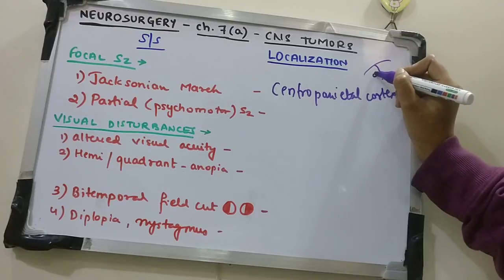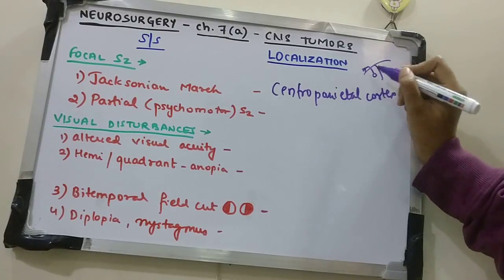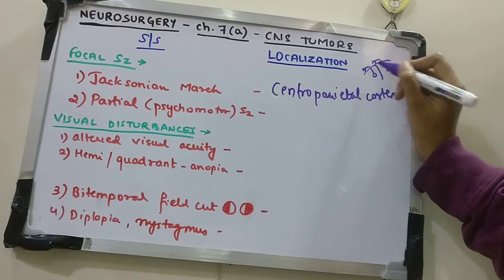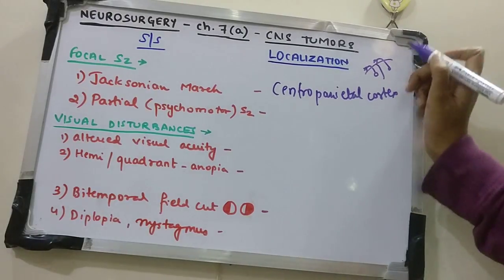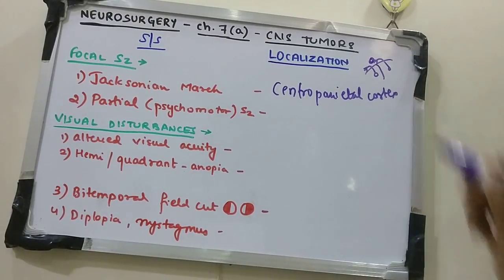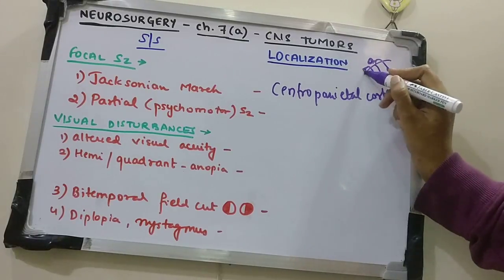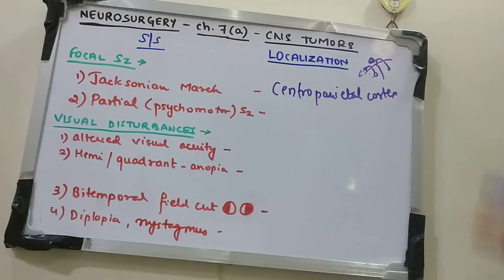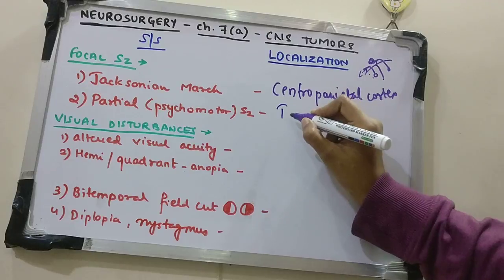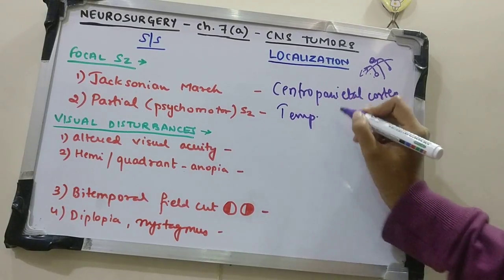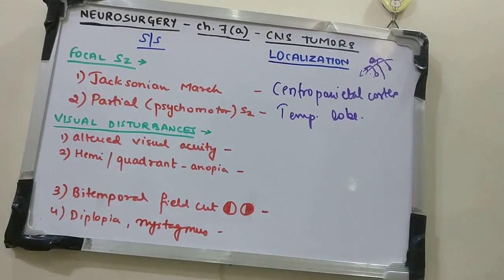Over here you have your homunculus representation, and if the lesion is in the centroparietal cortex, it will just stimulate a part and then the seizure will go on progressing. That will give you Jacksonian march. Okay, next point is your partial or psychomotor seizure, already taught. Yes, it is temporal lobe cortex. So it is your temporal lobe affection.